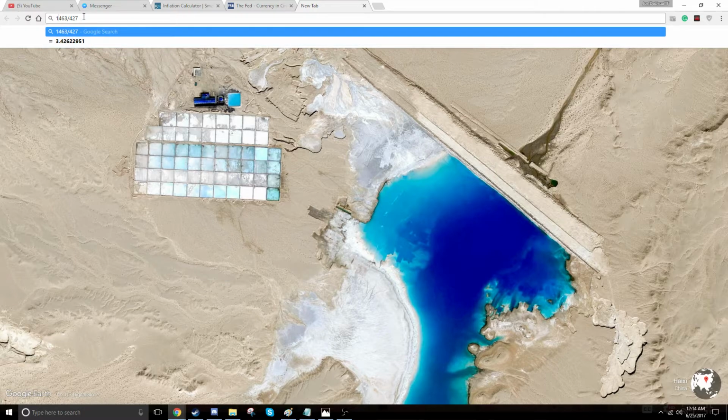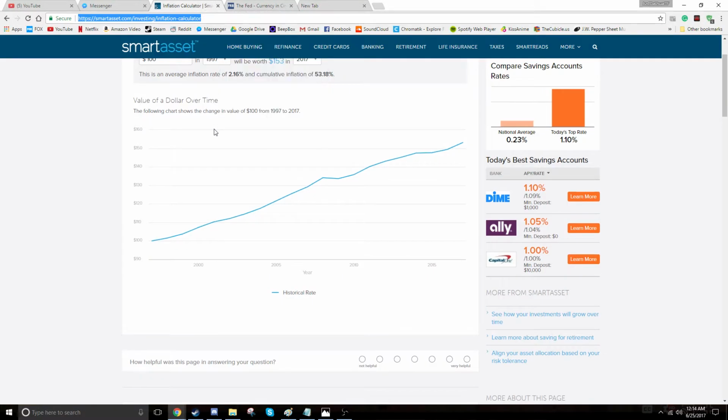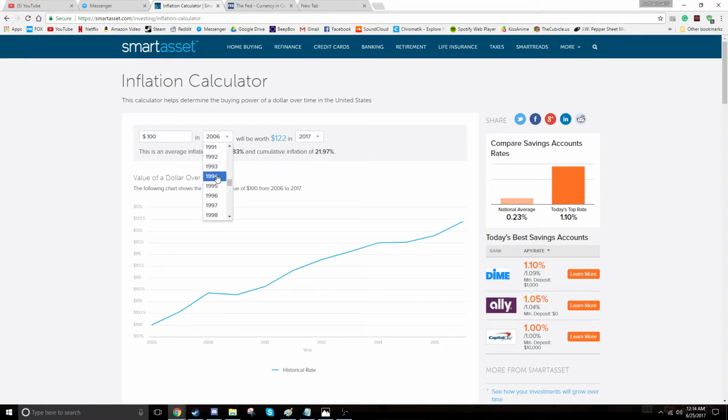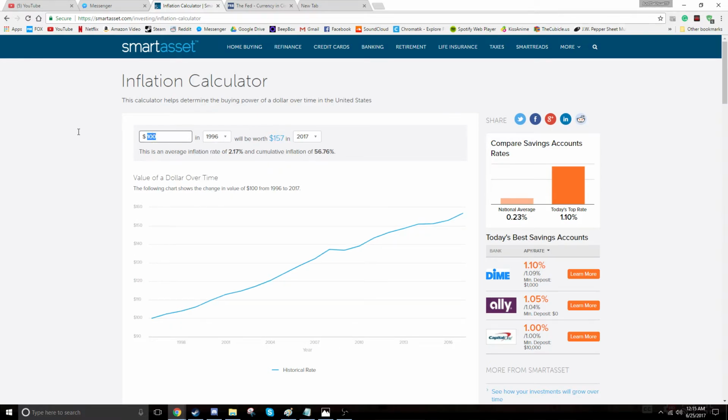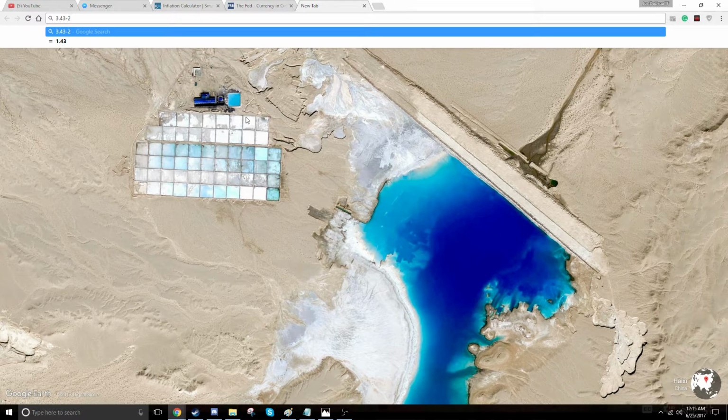So let's just note 3.43. And if we do our little inflation calculator, we find that since 1996, currency has increased in value twice.